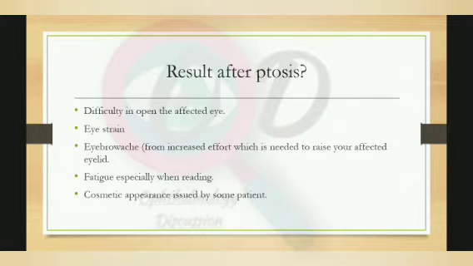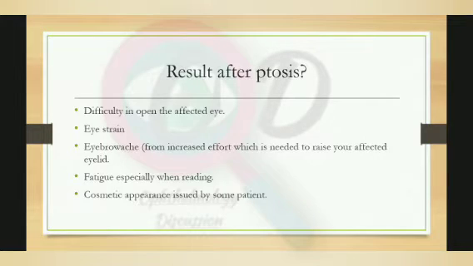Why eye strain and eyebrow ache? Because whenever you try to elevate your upper eyelid, this causes the eye strain and the eyebrow ache, because you are unable to open or elevate your upper eyelid.